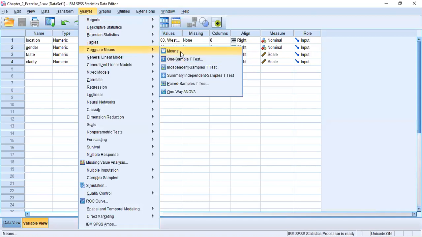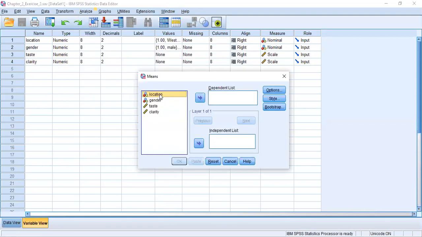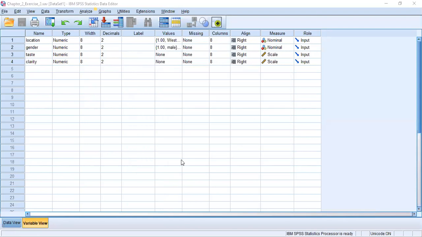I go for something called compare means. I've got the general location. The question was talking only about location. Location is independent. Taste and clarity are dependent. So here we go, and I just click OK.